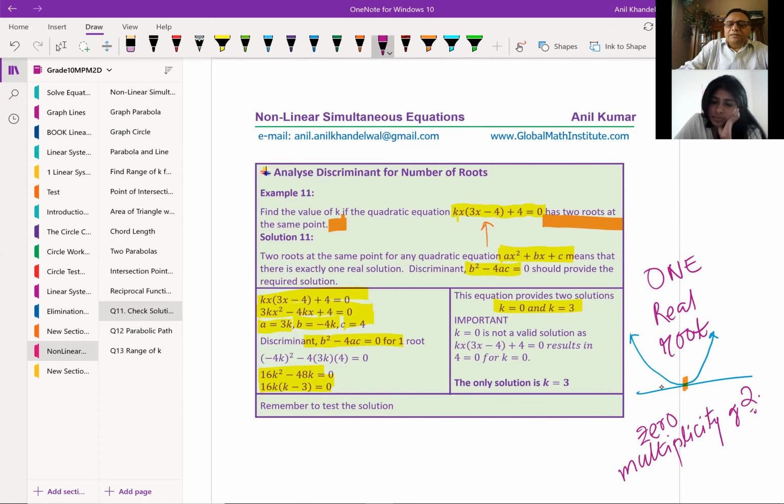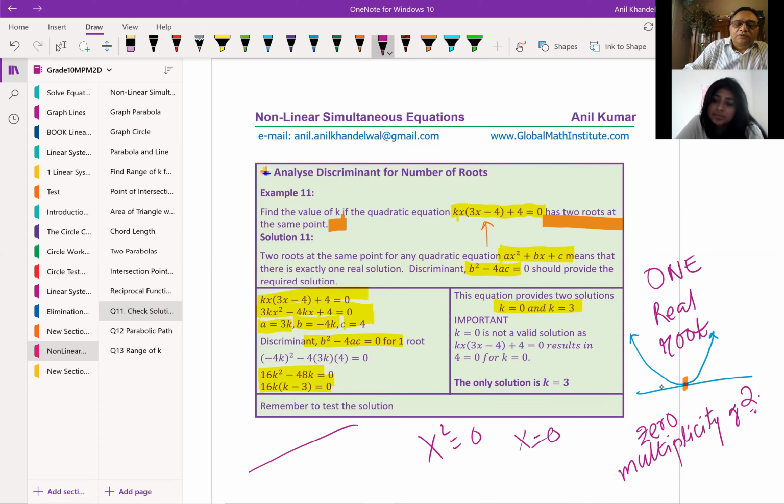That means, for example, if I have x squared equals 0, it means what? For you, there is only one root at x equals 0, right? But actually speaking, when it is x squared, there are two roots. Both values are 0 itself. Do you get my point? So both are 0. So there are two roots.